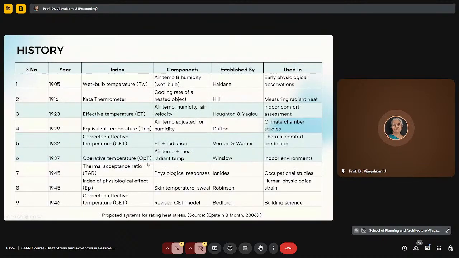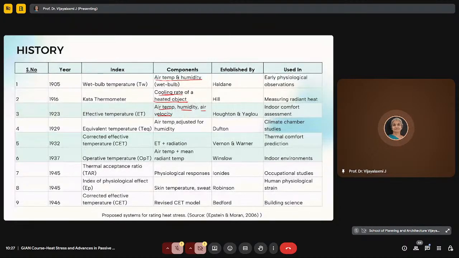I have already told this, but I thought I would place it here, and then we can see the wet bulb temperature. It combines air temperature and humidity. Kata temperature is the cooling rate of a heated object, the rate at which it cools, which depends on the parameters of air. Effective temperature combines air temperature, humidity, and air velocity in a nomogram.